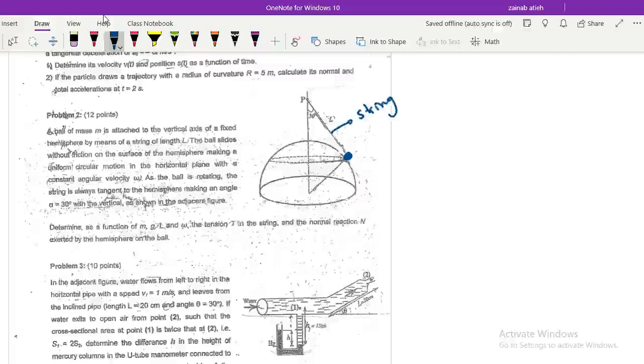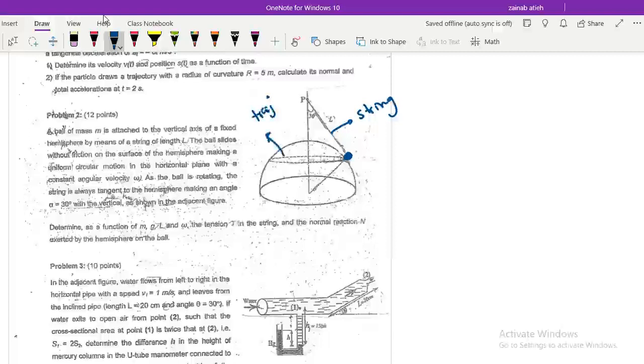The ball slides without friction on the surface of the hemisphere, making a uniform circular motion in the horizontal plane with a constant angular frequency omega. So the ball is rotating with an angular frequency omega. You can see the trajectory. This is the trajectory of the ball. It's a circle in the horizontal plane.